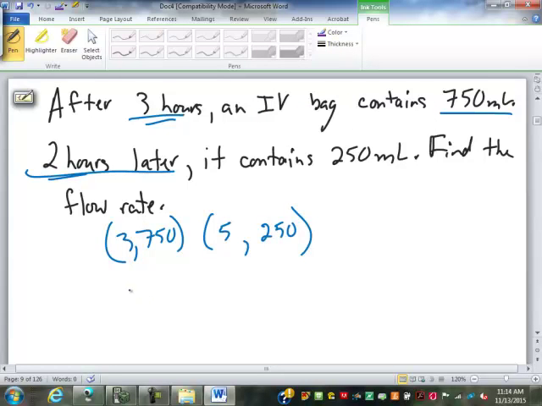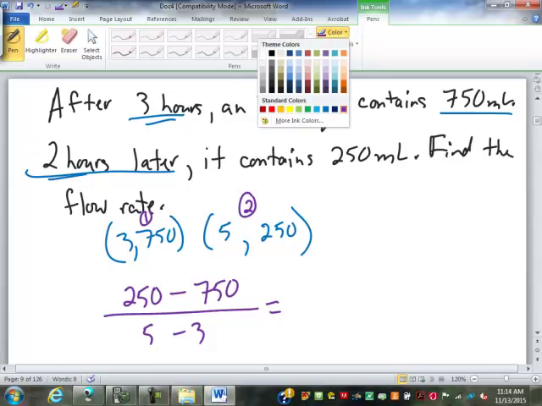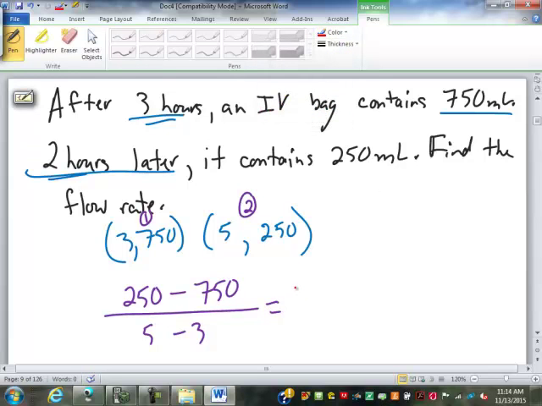So the slope will be 250 minus 750, I should say. Y2 minus Y1 over 5 minus 3. 250 minus 750 is a negative 500. 5 minus 3 is 2.